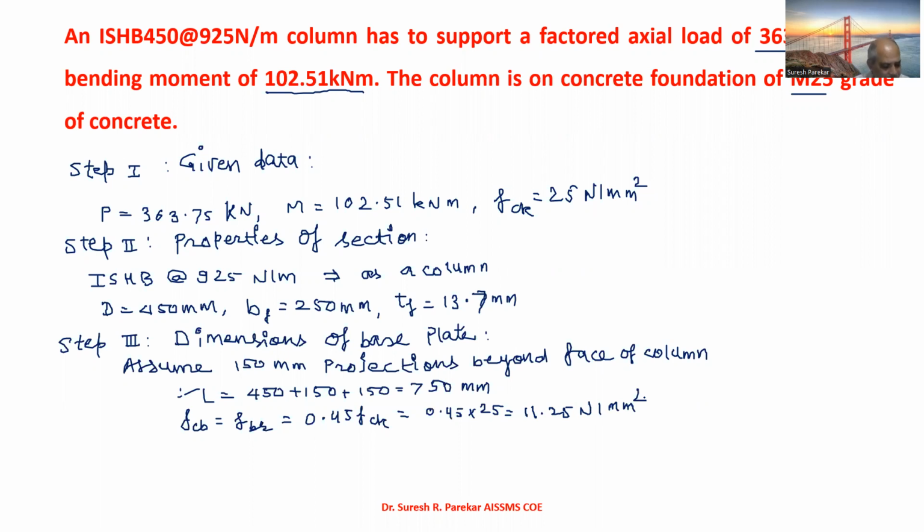Now this value, the bearing strength, is given in the IS code. If you go to the column base section, it is given under bearing strength, clause number 7.4.1, page number 46. From there we have this value.